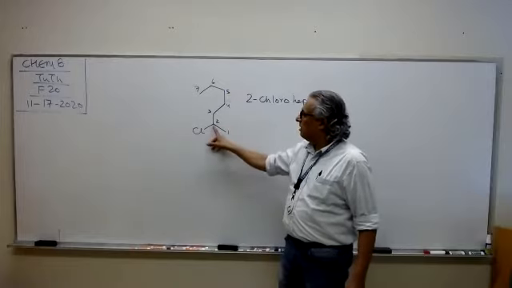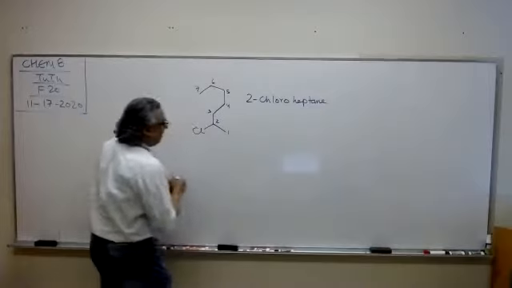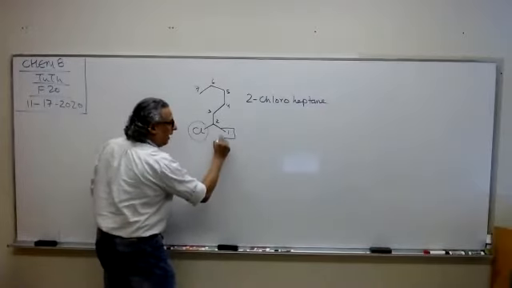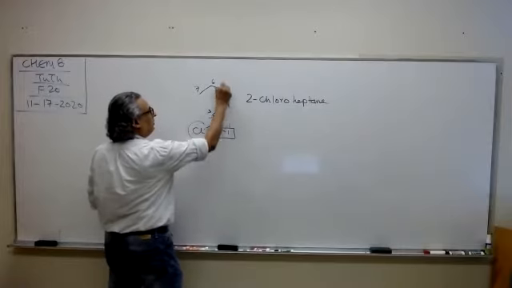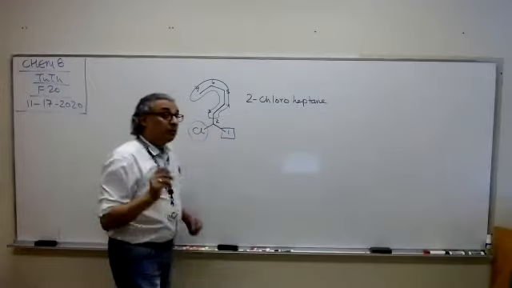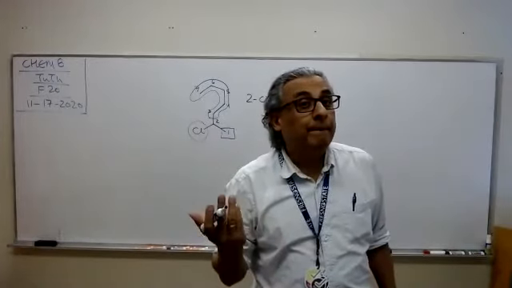What is carbon number 2 attached to? It's attached to this, it's attached to that, it's attached to whatever this is, and it's also attached to something that's not shown here. What is that something? Hydrogen.